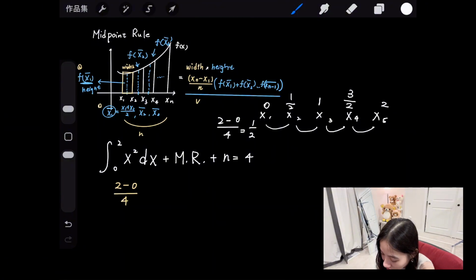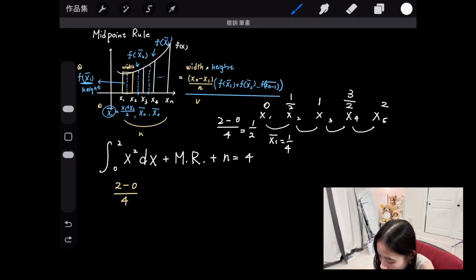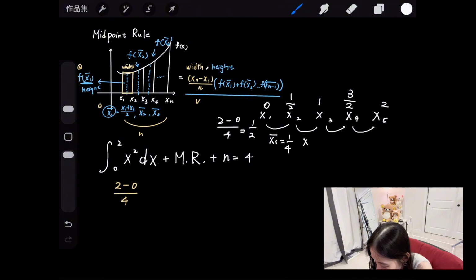Your x1 bar will be 0 plus 1 over 2, divided by 2, which is 1 over 4. This one will be 3 over 4, your x2 bar, and your x3 bar will be 5 over 4.